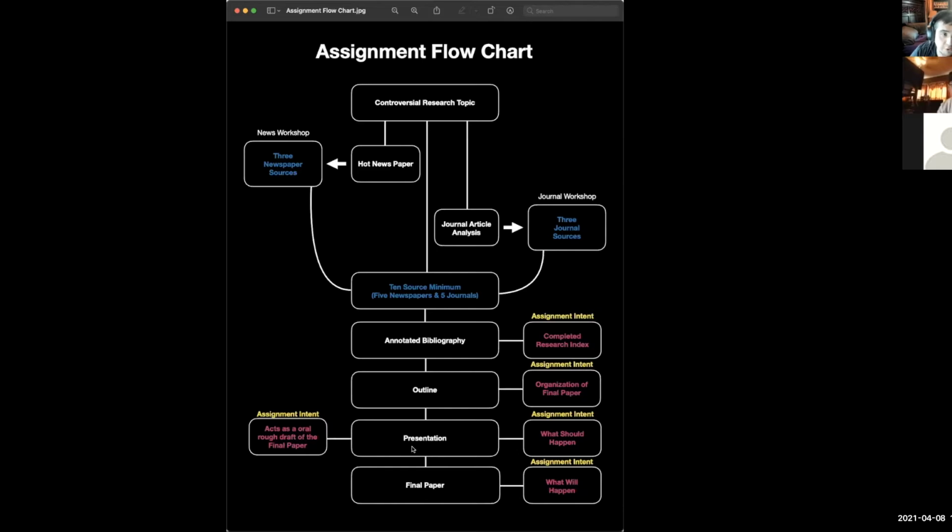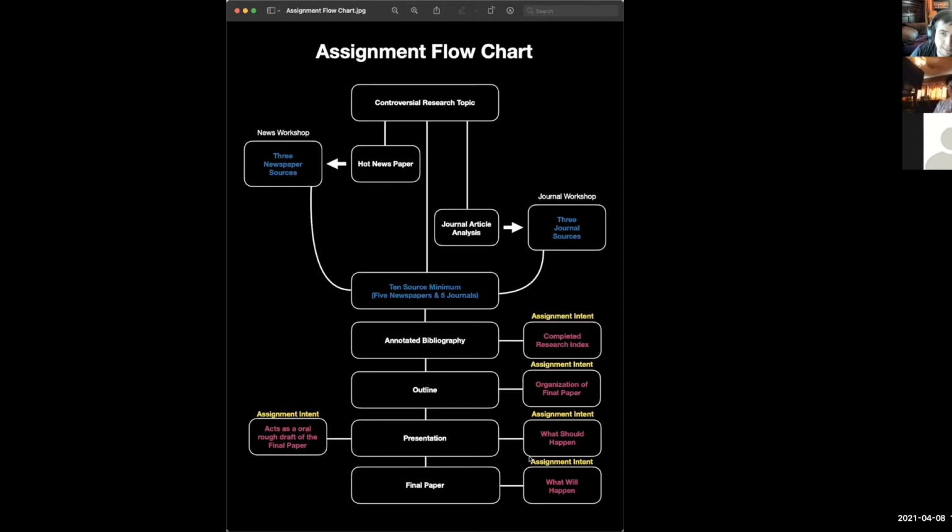The presentation is your opportunity to tell me what you think is going to happen and what should happen. The distinction between the presentation and the final is that the presentation is what should happen. You create an argument based off of the evidence you've been able to accumulate. The final paper is what will happen.